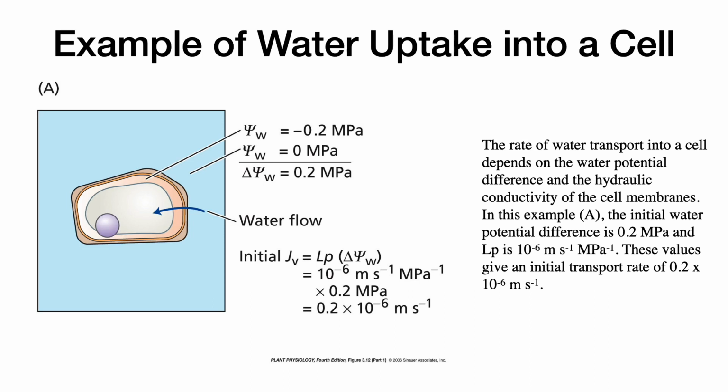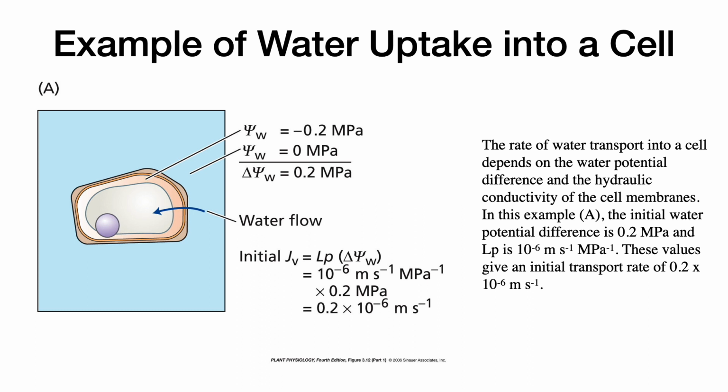It has solutes, it has potassium, it has sugars. And therefore, by definition right now, we're going to just say that that water potential is minus 0.2 megapascals. Remember, it's a negative water potential relative to the pure water.